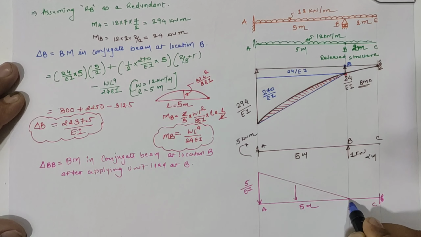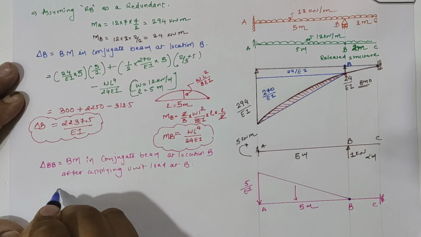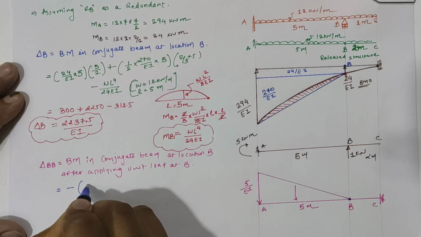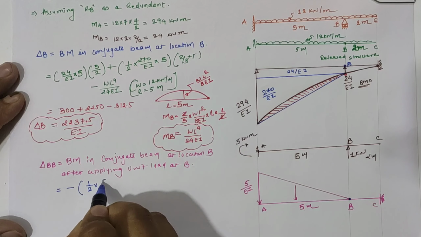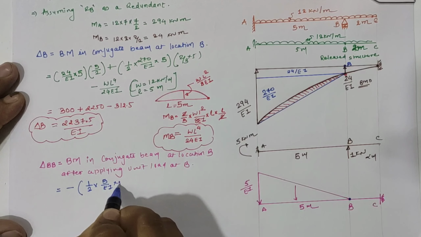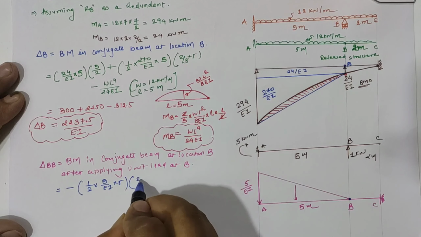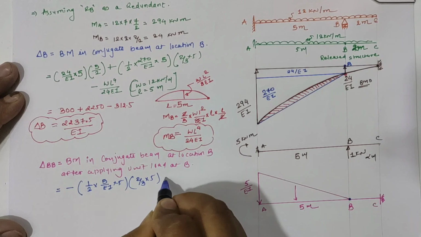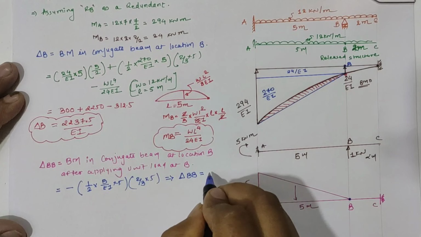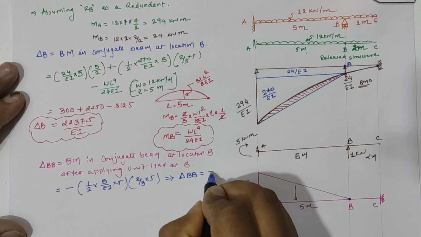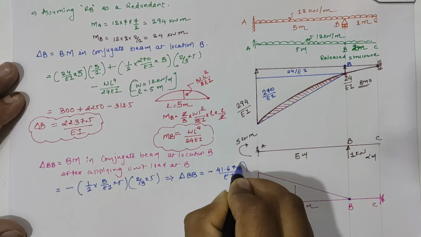If we take moment at location B, then the UVL creates an anticlockwise moment, hence it is negative, which is 1/2 into load into distance, as 5 by EI into 5, and the CG distance from location B is 2/3 of the total distance, as 5. So our value for delta BB is equal to minus 41.67 by EI.